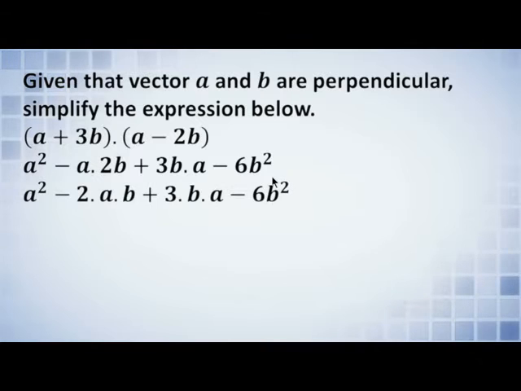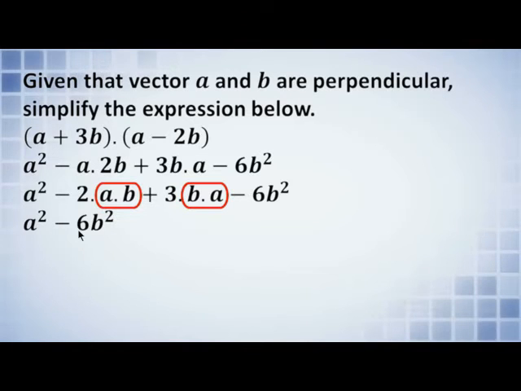We can arrange the expression to become this one. We know that A and B are perpendicular, so this equals 0 and also this one. 2 times 0 equals 0 and 3 times 0 also equals 0. So the simplest form of this expression becomes A squared minus 6B squared.